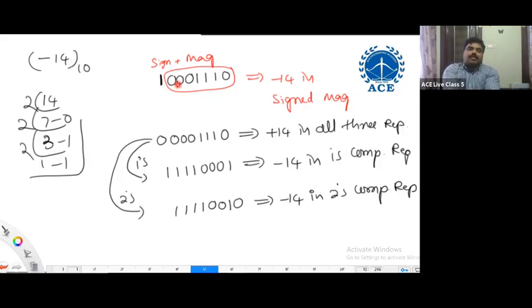But the magnitude 14 doesn't need 7 bits. Then what should I do? Can I neglect the bits? No. I need to keep the value 14 with true binary weights. For that, I need to append zeros.